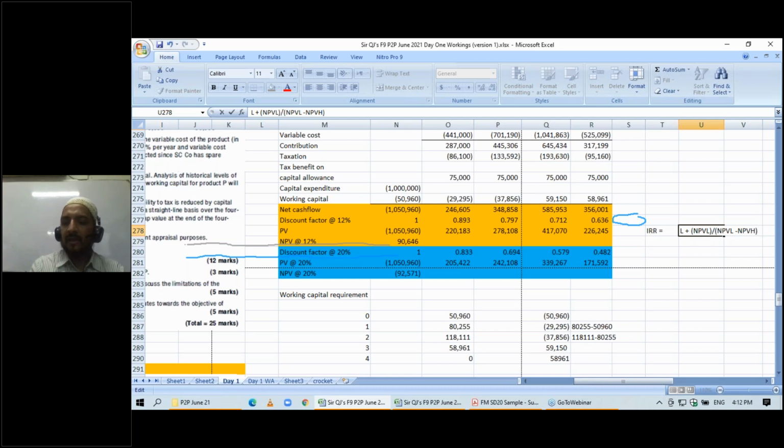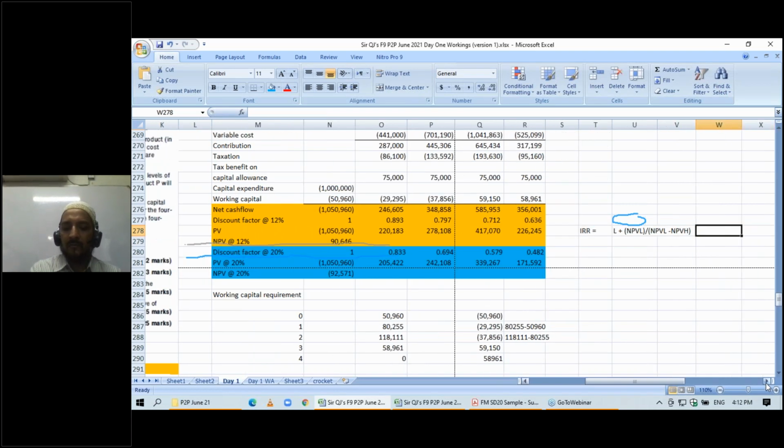Divide by this and then multiply by the higher rate minus the lower rate. So that's the formula for the internal rate of return.